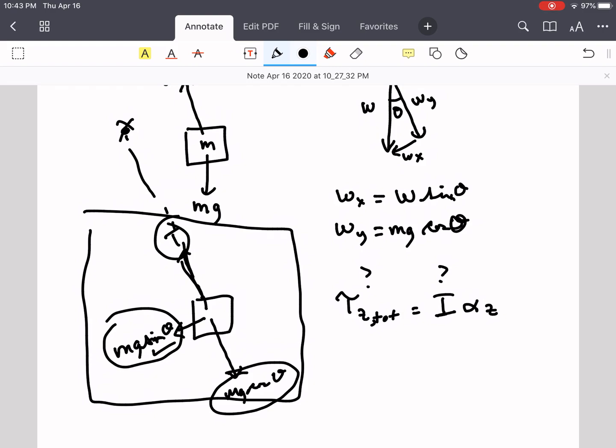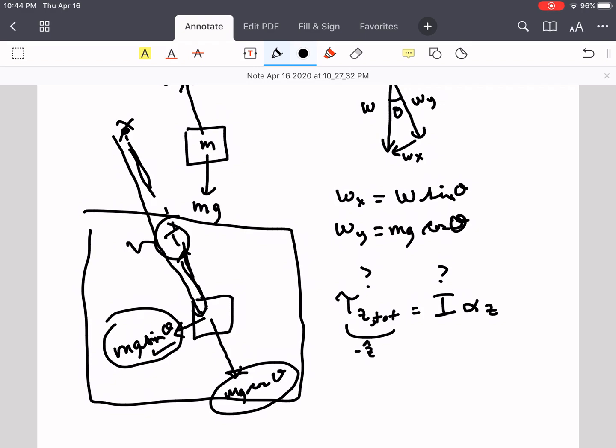You'll notice that if theta is positive, the way I've drawn it, then the torque is favoring acceleration towards the center, decreasing theta. So if you actually do this properly, you do r cross F. Here r is this vector that points from the point of origin to the center of that mass. So r cross F, use your right hand rule, you'll find that this is into the page, negative z direction.